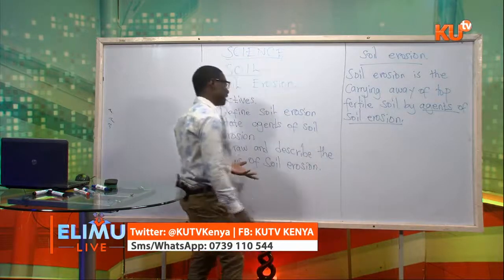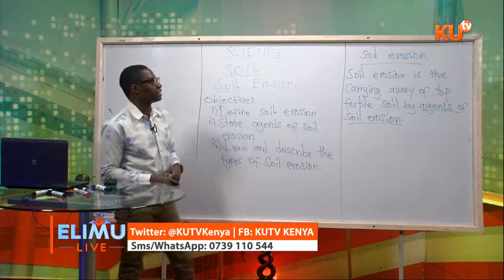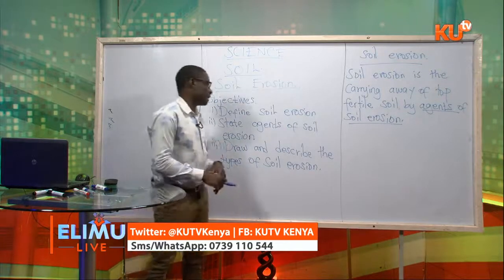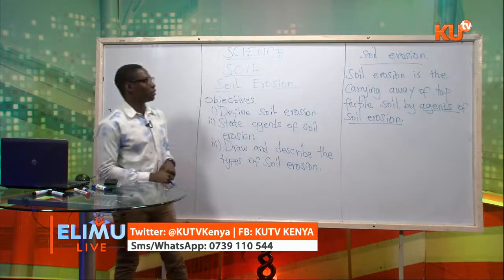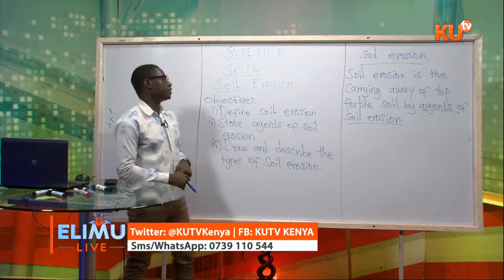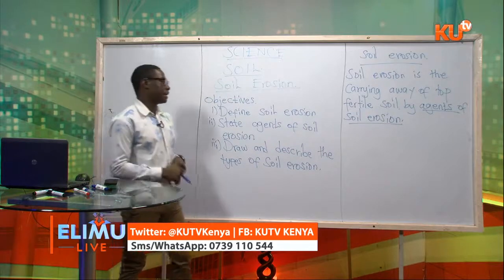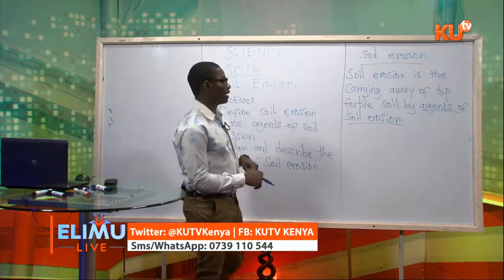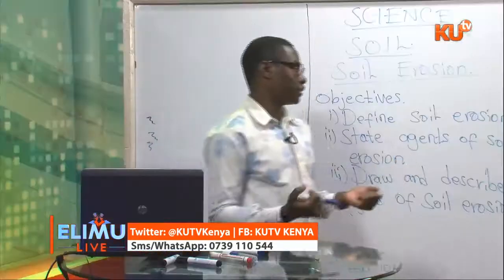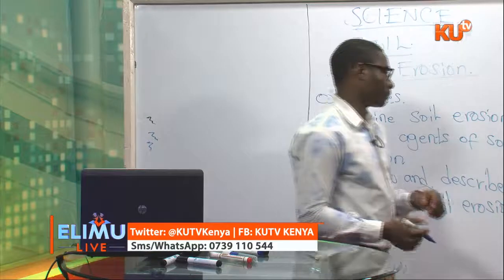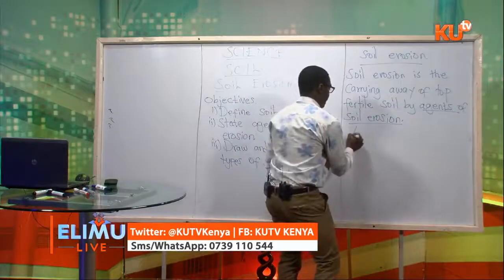So we'll also be looking at factors that increase soil erosion. We have done the first objective, which is to define what soil erosion is. And I have said soil erosion is the carrying away of top fertile soil by agents of soil erosion. So we can look at the next.